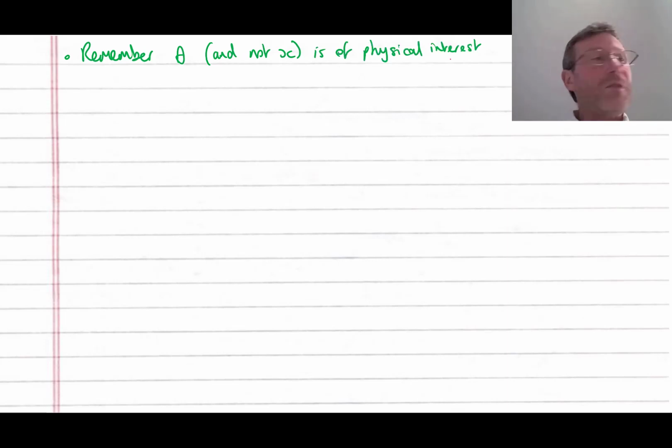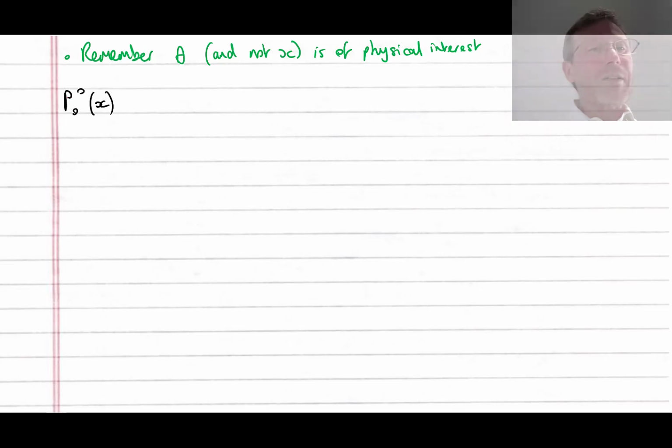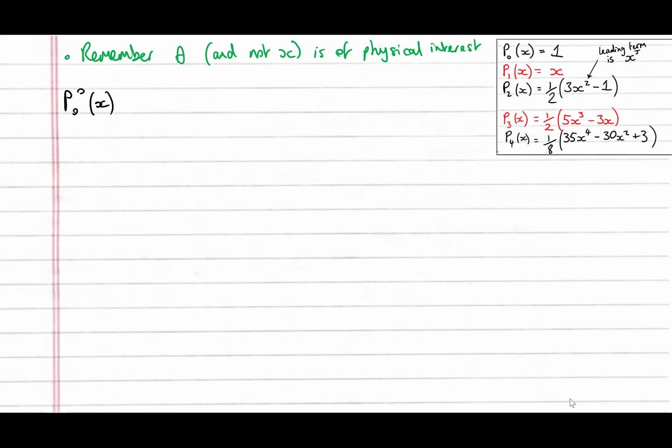So what I'm now going to do is write down these associated Legendre functions. Okay, so the first one is P0. By the way, I've also added in here the Legendre polynomials that we've already discussed.